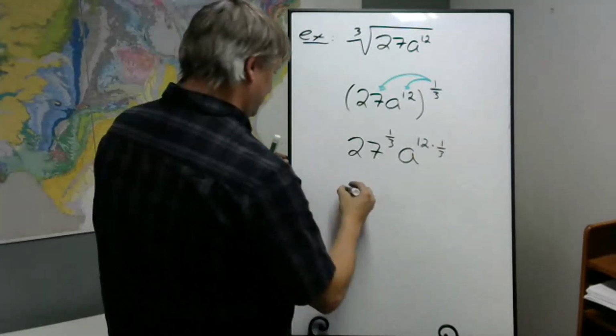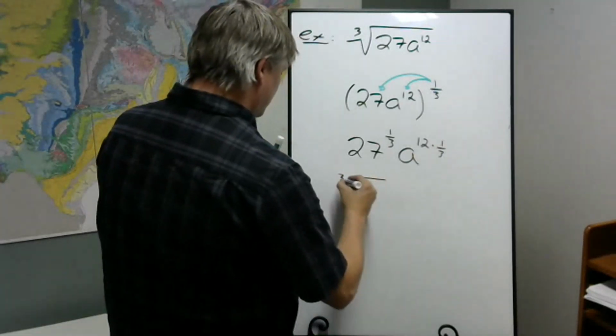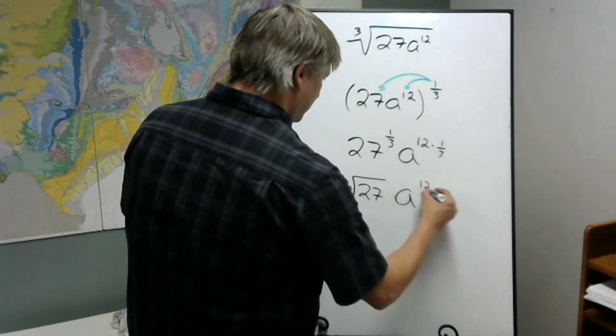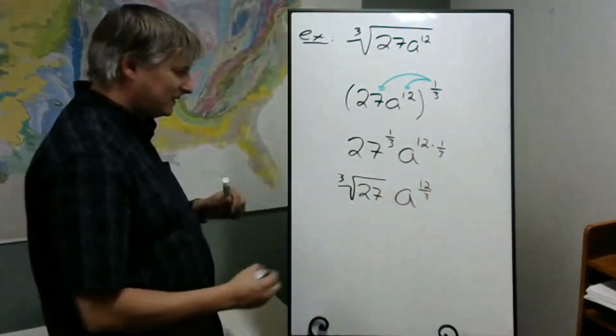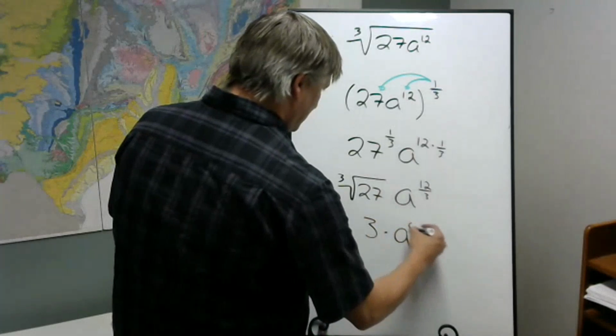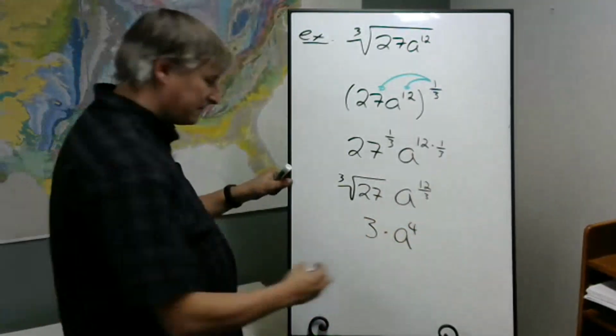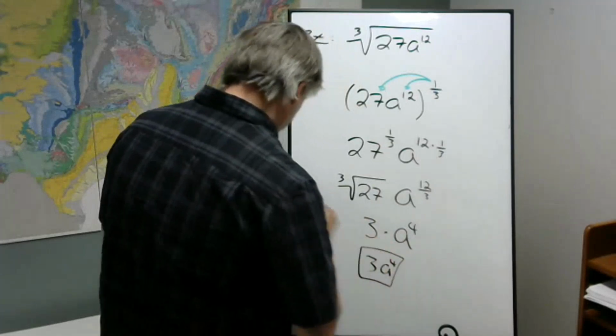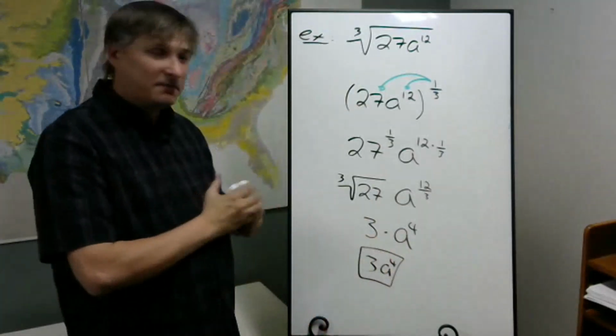So this will be the cube root of 27, a to the 12 over 3, or 3 times a to the 4th, or 3a to the 4th.